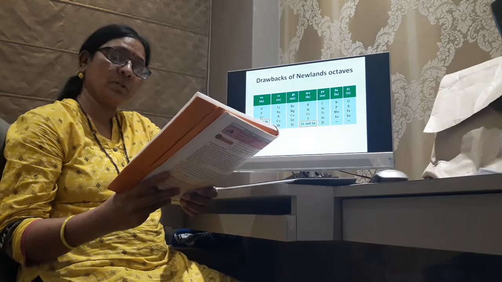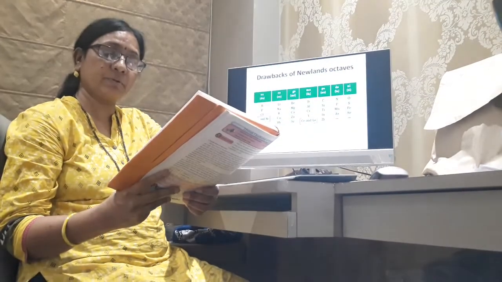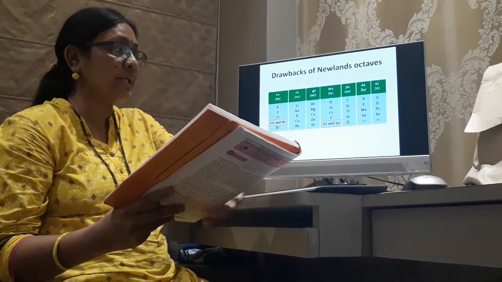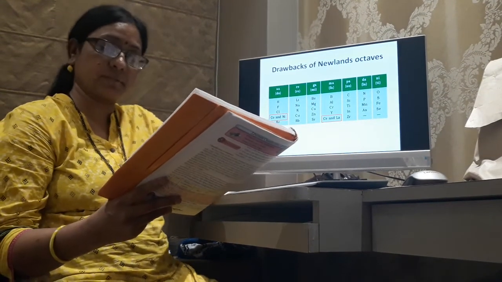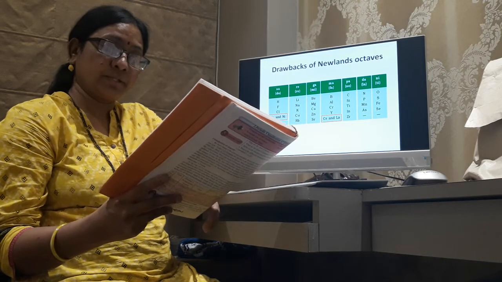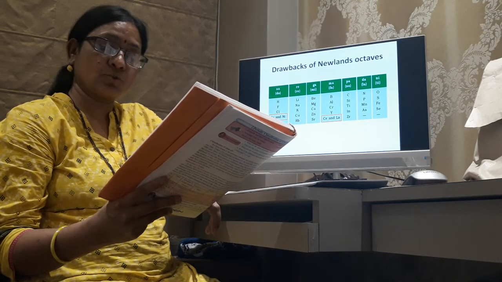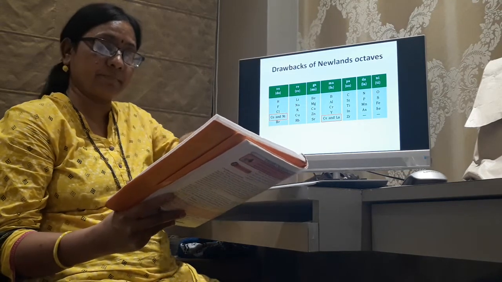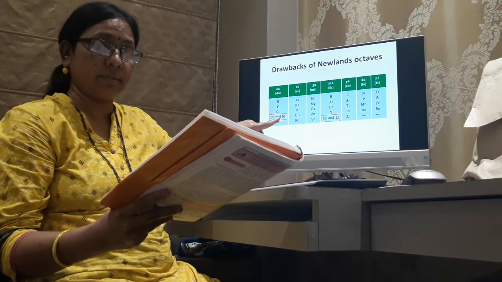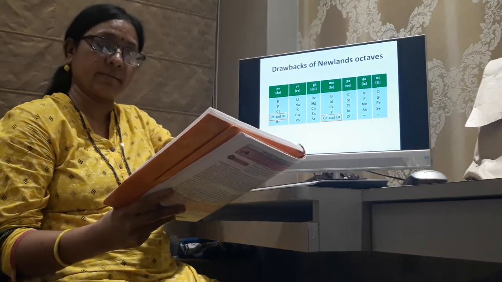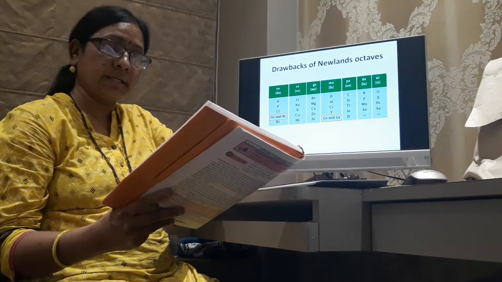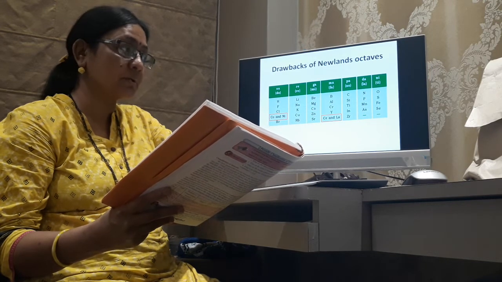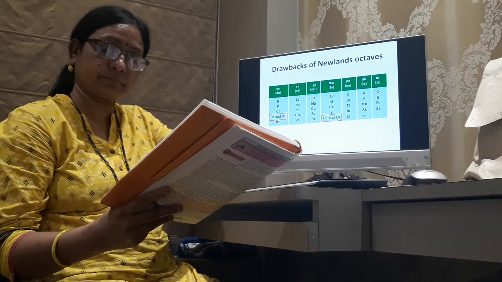Newlands fitted all the known elements in a table of 7 into 8, that is 56 boxes. Totally he made 56 boxes. He placed 2 elements each in some boxes to accommodate all the known elements till that time, for example, cobalt and nickel, and selenium and lanthanide. Moreover, he placed some elements with different properties under the same note in the octave.